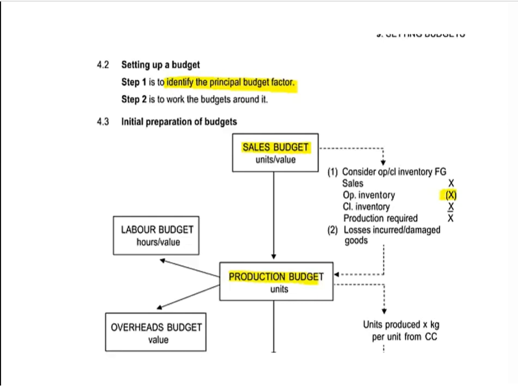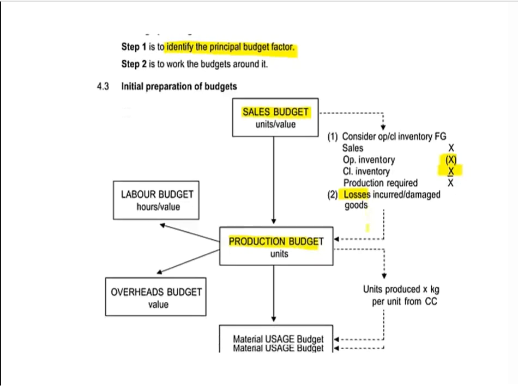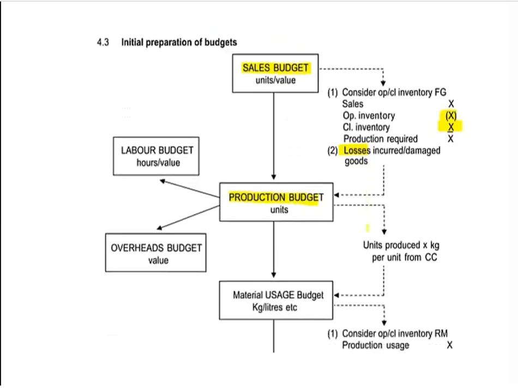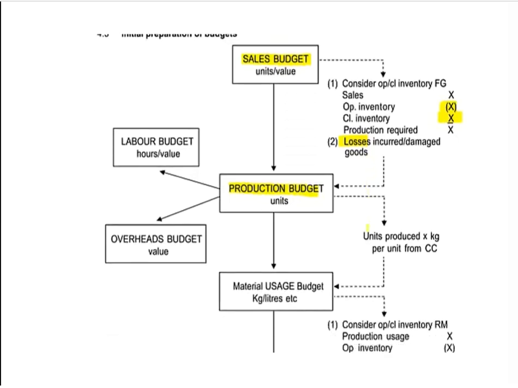Because if we want to sell 10 and we've already got 2, we'd only need to make 8. But we need to remember to add on any that we want to have left in closing inventory for the next period. And we might also have to think about losses that are occurring, perhaps a number of units which are spoilt in storage.